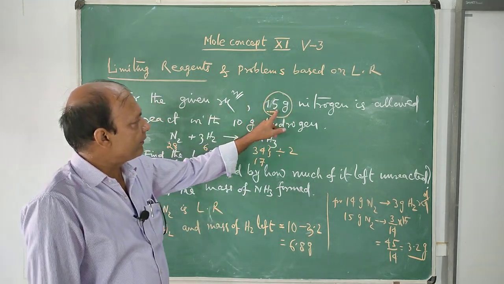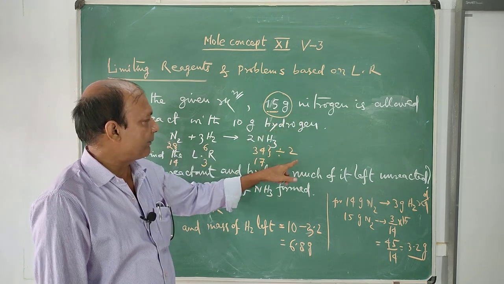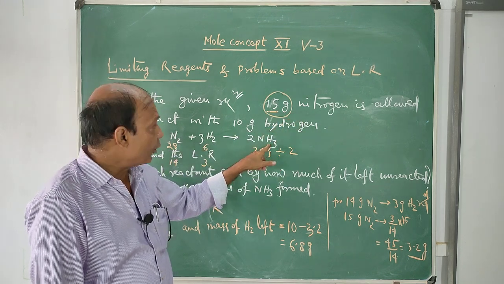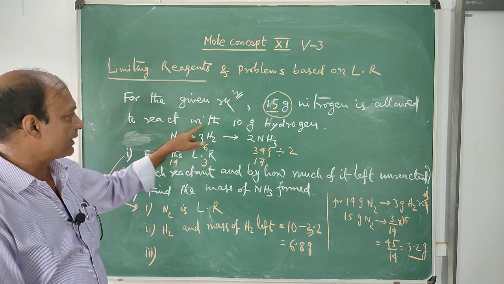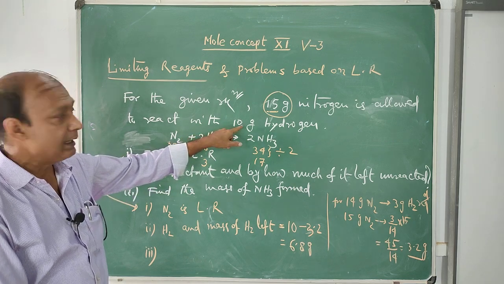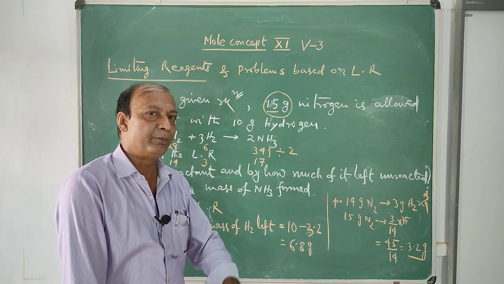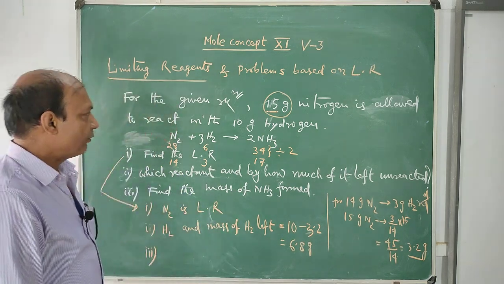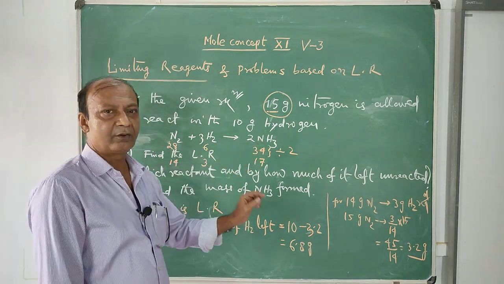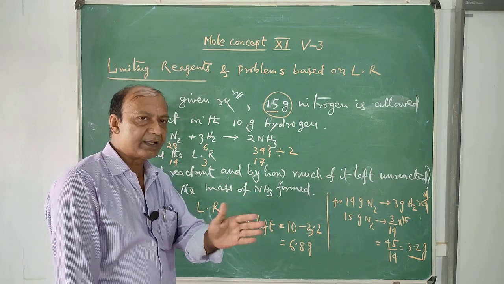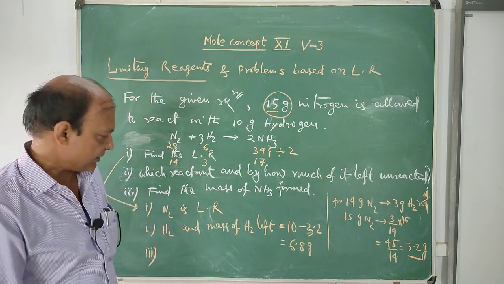So with reference to 15 gram nitrogen, you find the amount of ammonia formed. Don't find the amount of ammonia with reference to 10 gram of hydrogen, remember, because the 10 gram hydrogen has not fully reacted. So that answer will be wrong. That's why whenever you find the amount of product, always find it with reference to the limiting reactant.